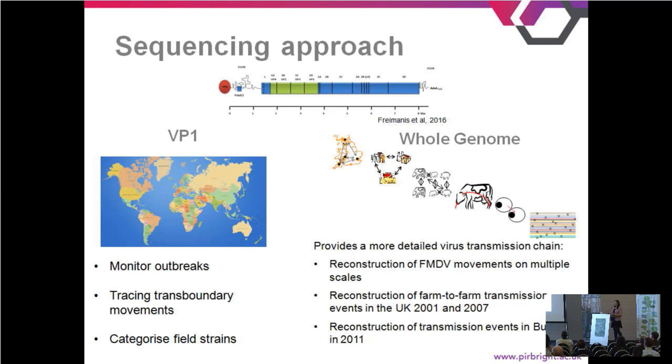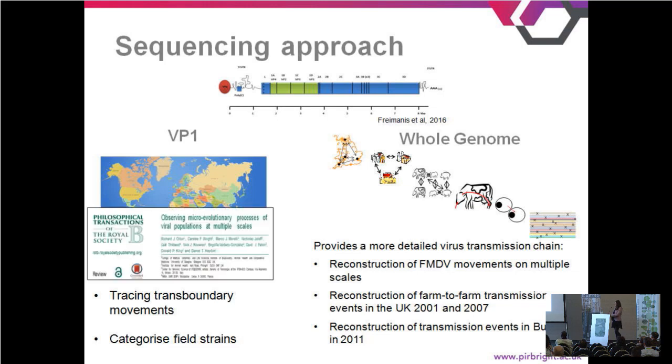The other approach is looking at the full length of the genome. And obviously, the more sequence data there is available, the better the resolution of the results. Within the WRL at Pirbright, we have experience of working with full genome sequence data.